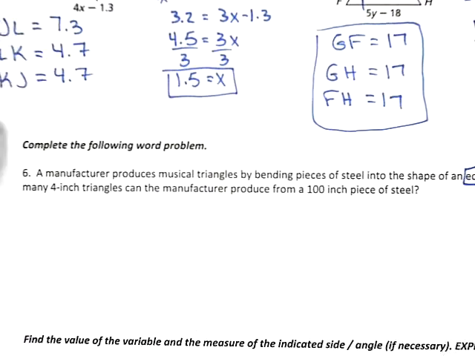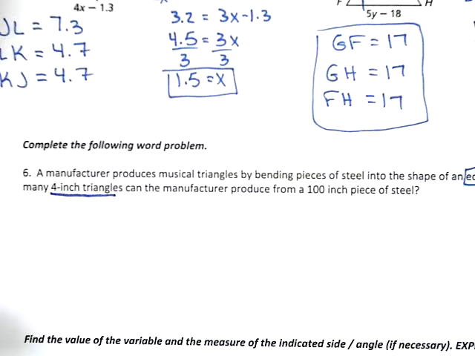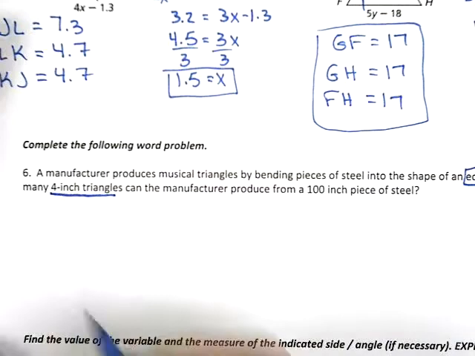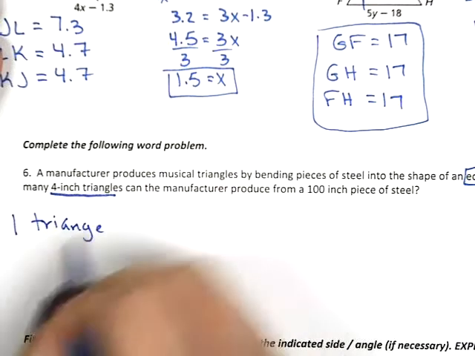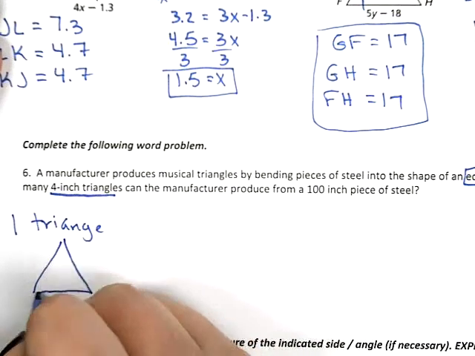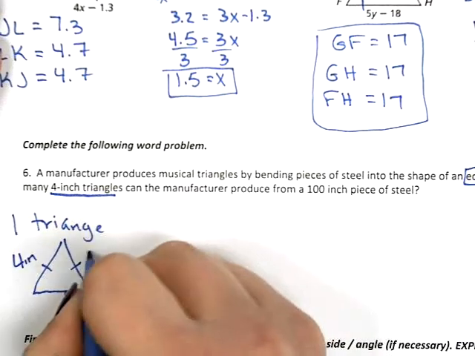The important part here is that we have 3 congruent sides, and we want each side to be 4 inches. So one triangle is going to be equilateral. All 3 sides are the same, and they're each 4 inches.